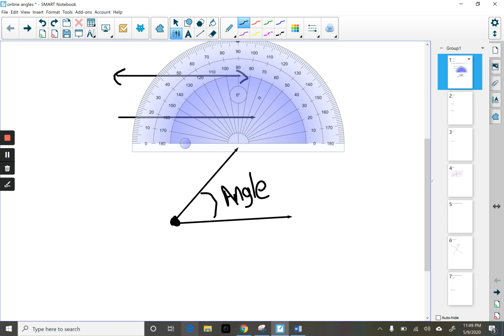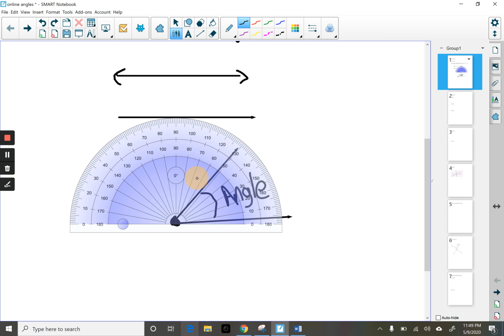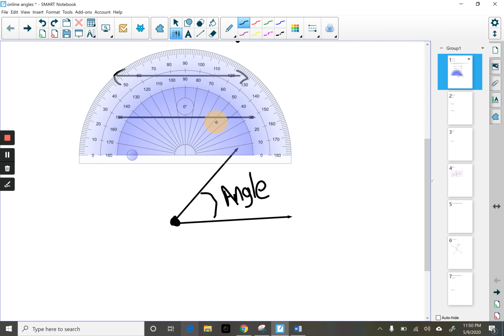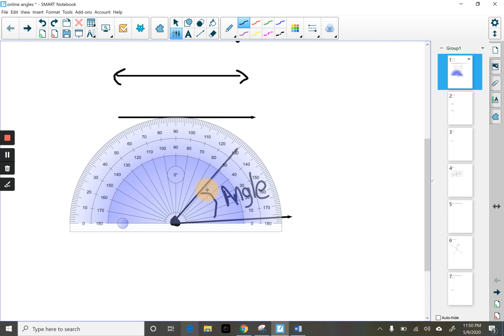I know you guys have dealt with this last year, but just to show you, if I want to measure this angle that I have drawn here, I'm going to put my protractor on the dot, on what's called the vertex. You've seen that word before when we talked about shapes, but it is where those two lines, or in this case rays, are going to meet one another.